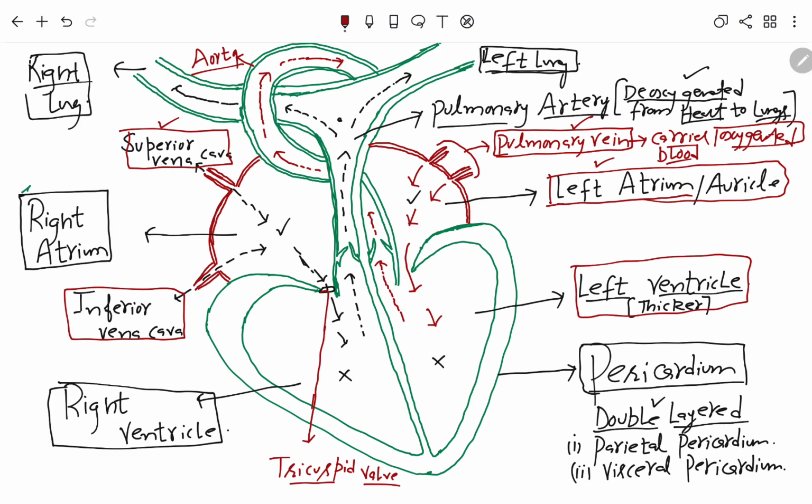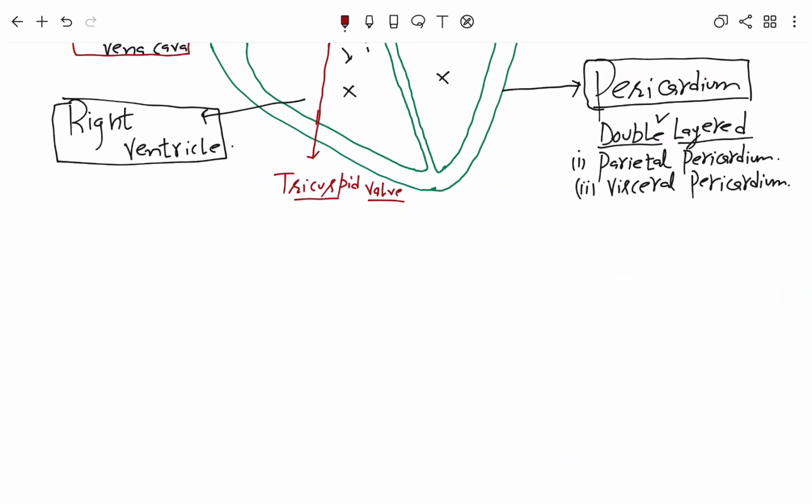Finally they will bring that blood back into the right atrium. From the right atrium that blood will go to the right ventricle. From the right ventricle it will go through the pulmonary artery, one branch towards the left lung and another towards the right lung.